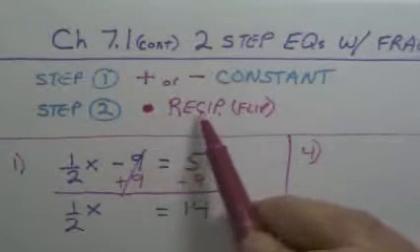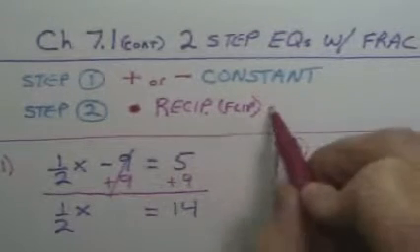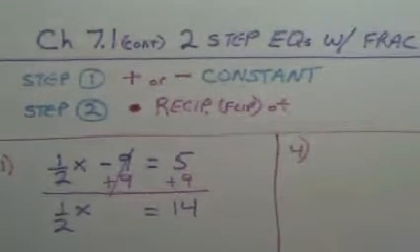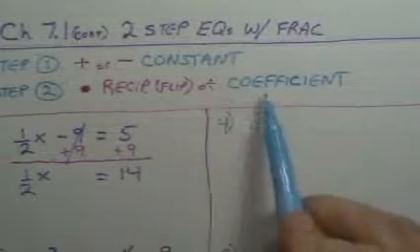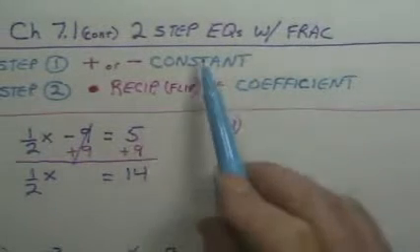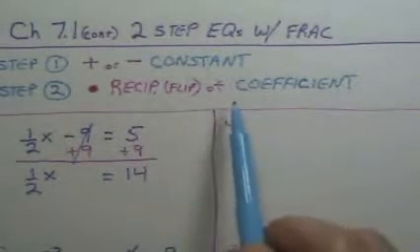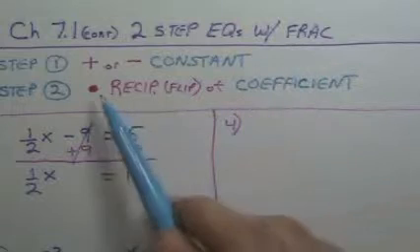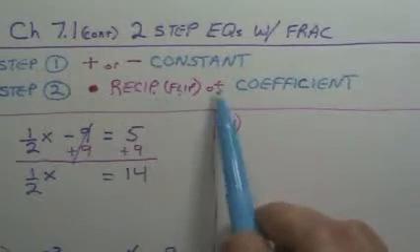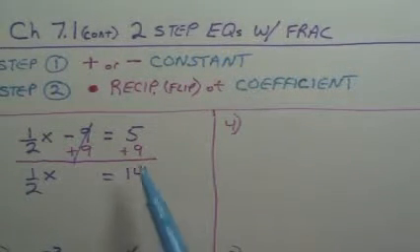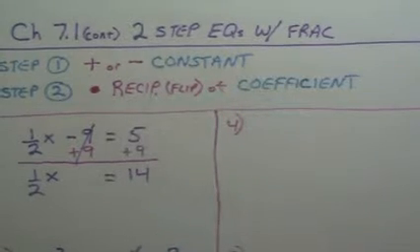So multiply by the reciprocal of the coefficient. Remember, you have a constant and a coefficient. If the coefficient is a fraction, we'll multiply by the reciprocal of it.